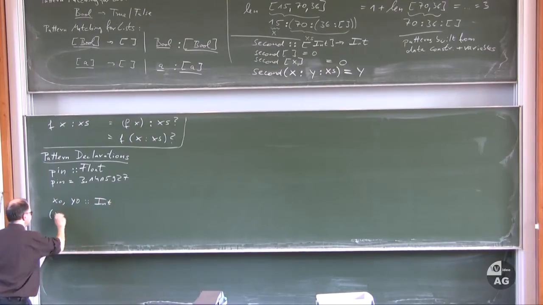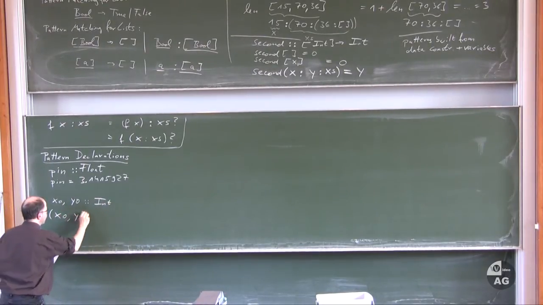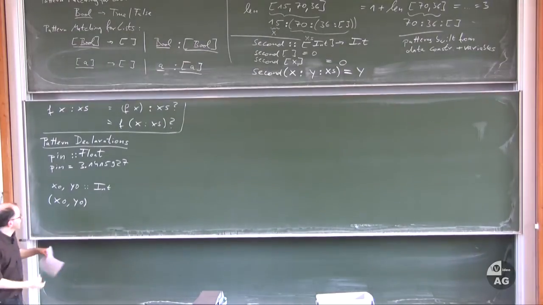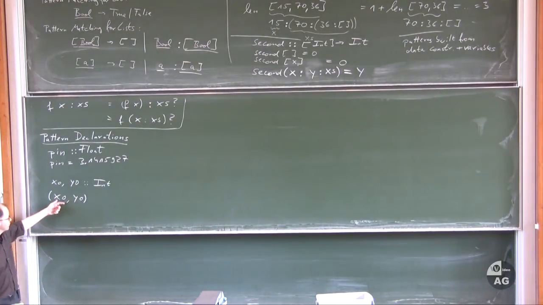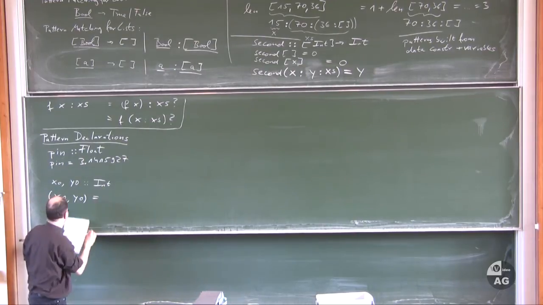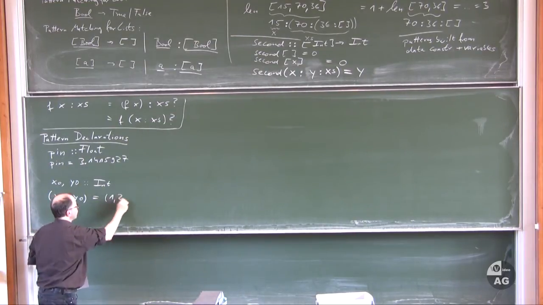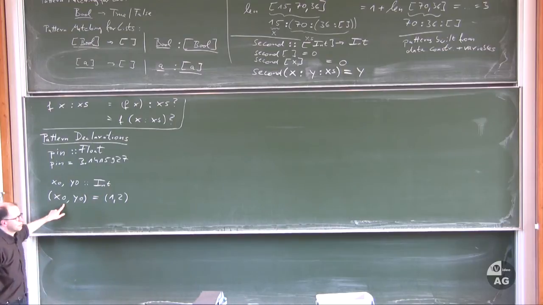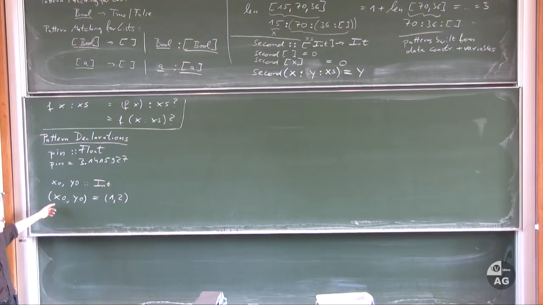And this is now also a pattern, x0, y0. This is the pattern standing for arbitrary terms of integers. But now we say this pattern x0, y0 should, for example, be 1, 2. And if we do this, then we have declared that x0 is a constant standing for 1, and y0 is a constant standing for 2.